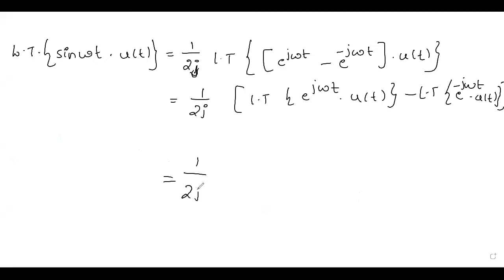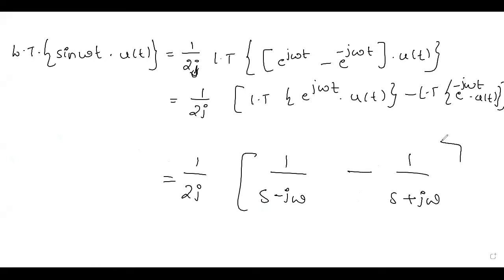Continue this, 1 by 2j. Now what is the Laplace transform of this function? Just now we have solved, 1 by s minus j omega, minus what is the Laplace transform of this function? 1 by s plus j omega. And real part of s is obviously greater than 0. The numerator, what do we get?